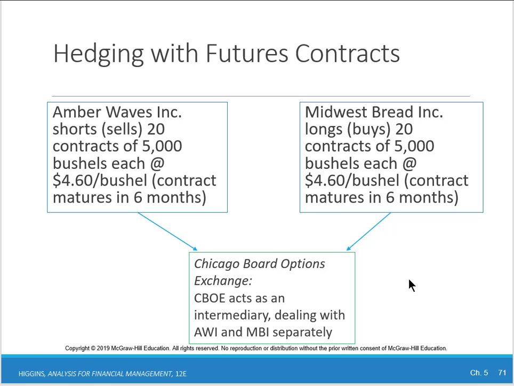They just have a contract that says somebody is going to buy it or sell it to them for $4.60 a bushel. The Chicago Board of Exchange finds the ultimate exchange, if you will. They find who is going to go through this contract.